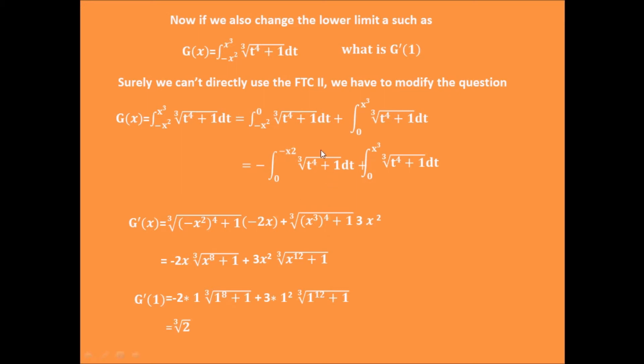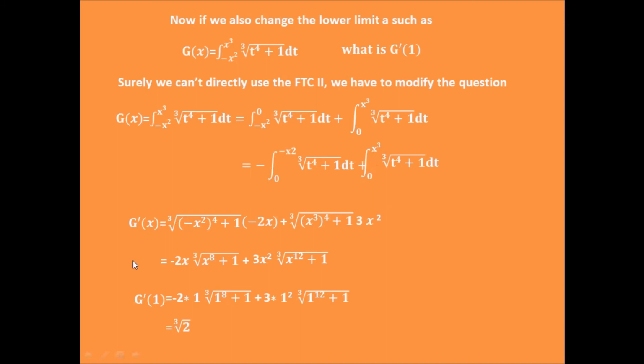Now we realize that for this part we can use the FTC theorem, and for this part we can also use the FTC theorem. So for the g'(x), we can use minus x squared to replace t, then perform the derivative on this part. Similarly, we can use x cubed to replace t, then do the derivative on x cubed.